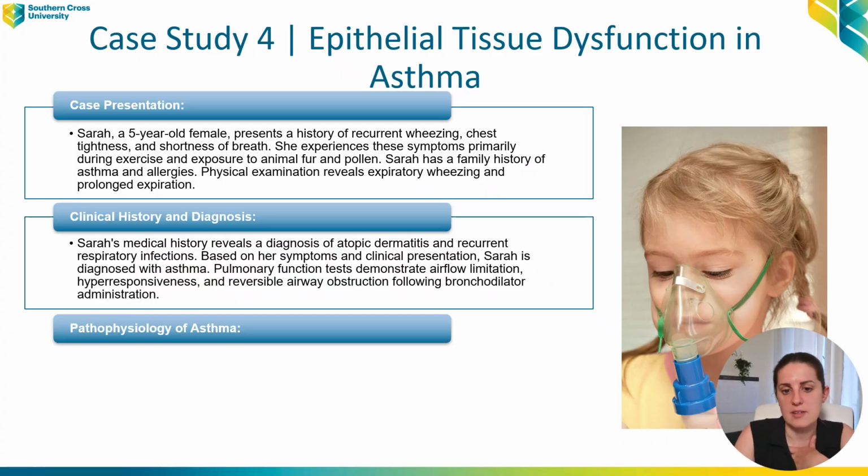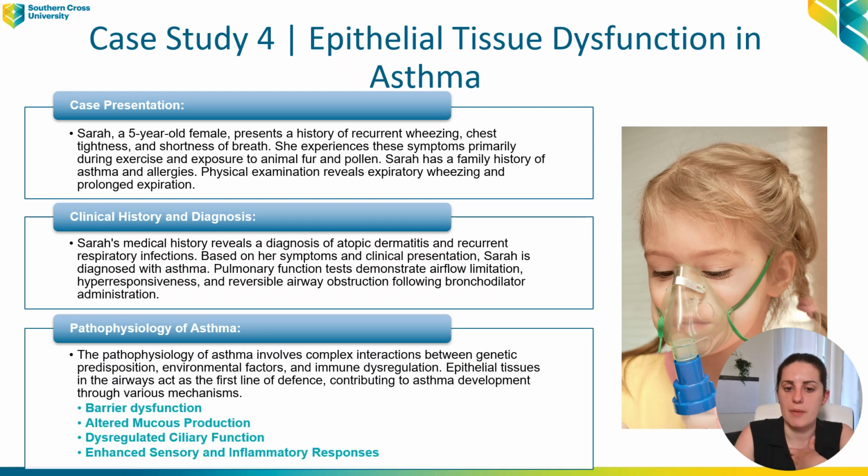Pulmonary function tests demonstrate airflow limitation, hyperresponsiveness, and reversible airway obstruction following bronchodilator administration. So what is the pathophysiology? Basically, we're going to see a complex mix of genetic predisposition, environmental factors, and immune dysregulation.